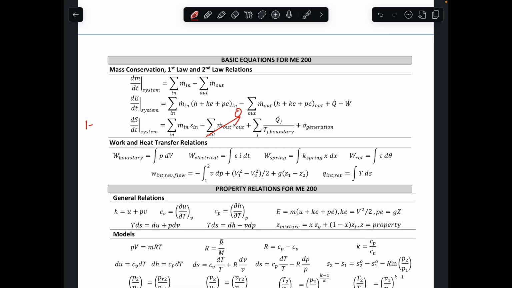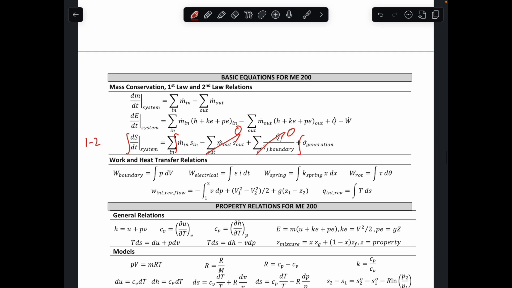For 1 to 2, if we simplify this, we will still keep this m dot in term, because 1 to 2 is when we're filling the tank up. But we can cross off this q term because we have an adiabatic process from 1 to 2. And so we're left with these terms, and we can just integrate all of them here.